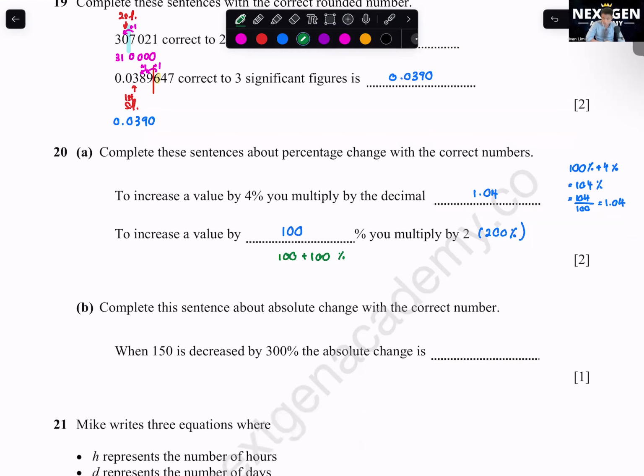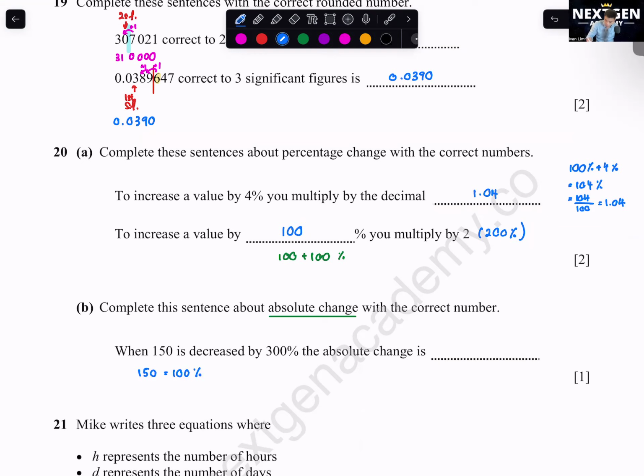Question B. This is a tricky sentence. Complete this sentence about absolute change with the correct number. When 150 is decreased by 300%, the absolute change is, okay, 150 is equal to 100% right now. This is what it means.